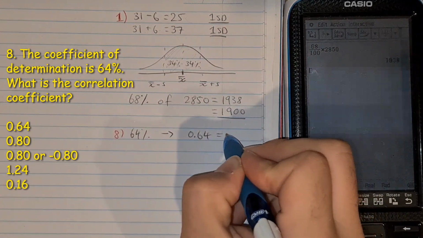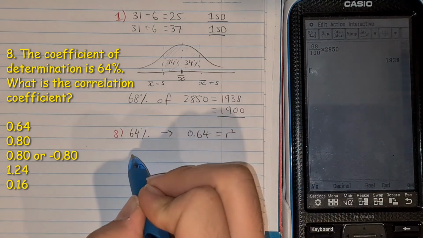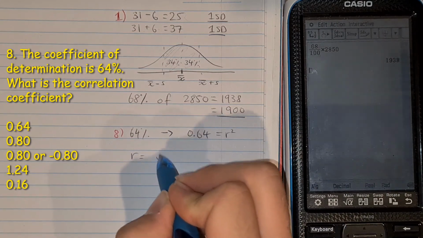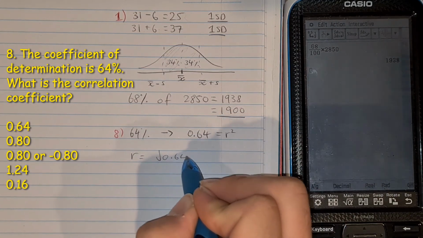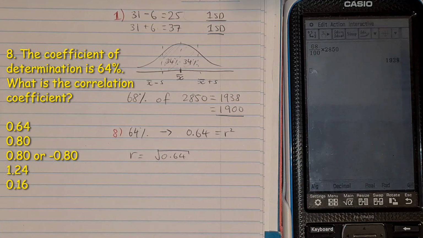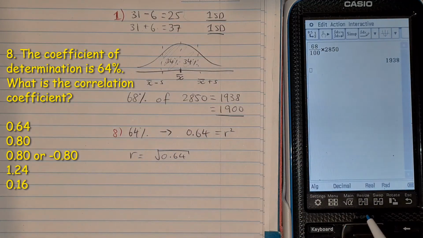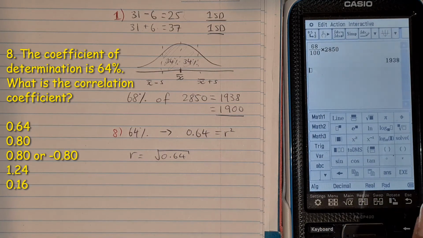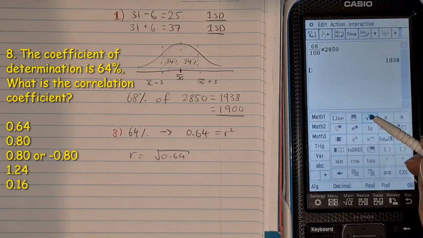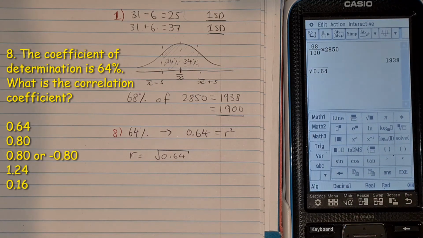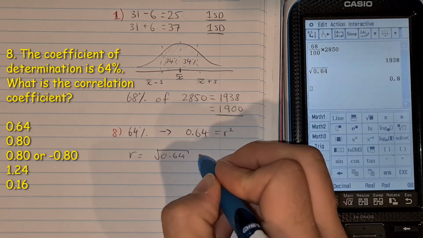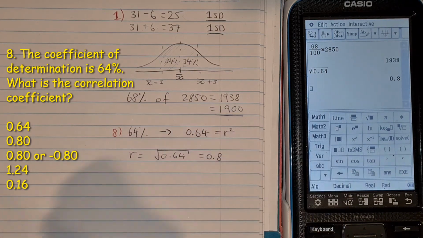And that is r squared. So to find r, we need to find the square root of 0.64. And that is equal to 0.8.